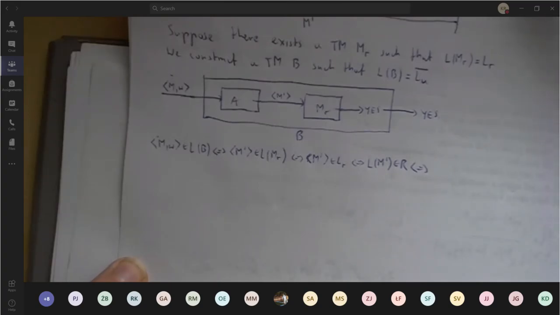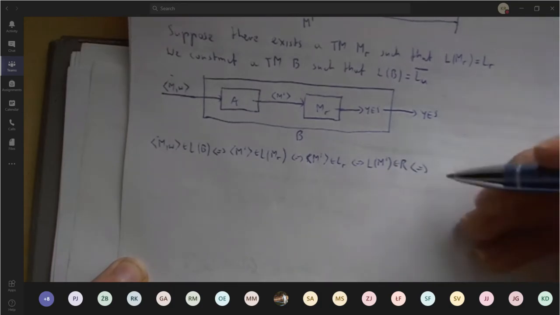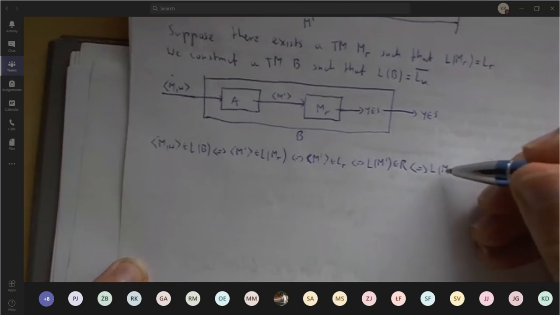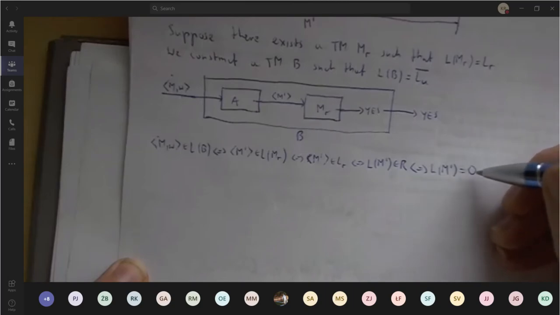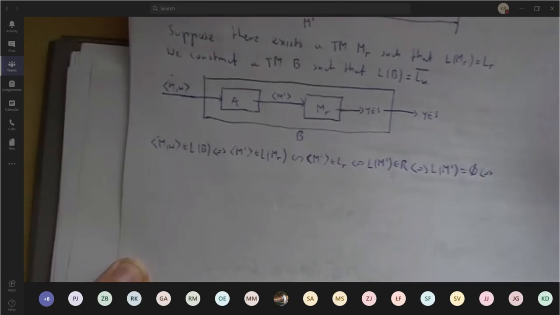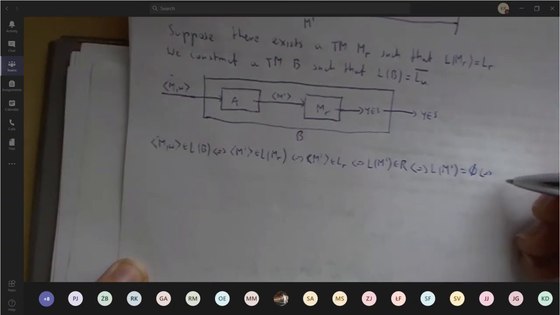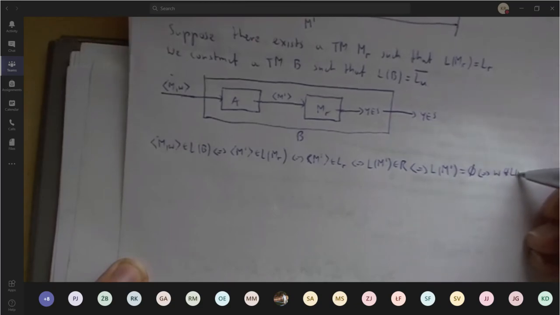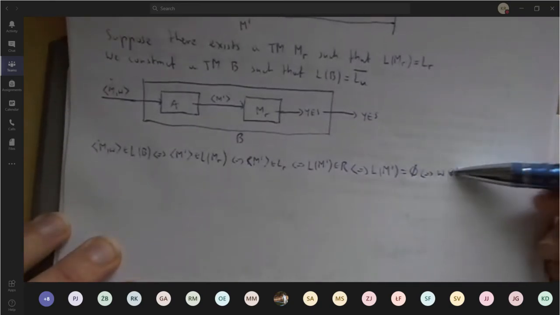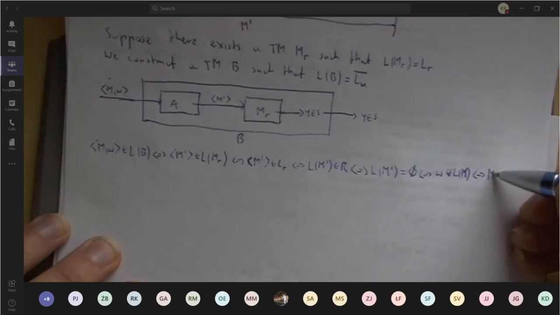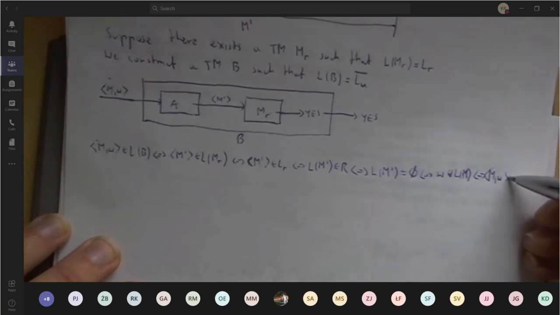Since the universal language is not recursive, that means that the language of M prime is empty. And this option holds when M does not accept W, by the definition of the language of M prime.